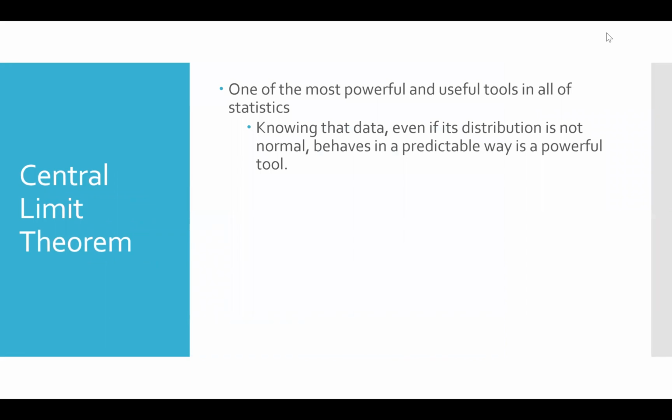One of the reasons is that even if your distribution is not normal, because remember last time we met, we talked about the normal distribution and how important it was in the world of statistics. It's one of the most useful or most commonly used distributions. So knowing that your data is going to behave in a predictable way can be a very powerful tool, and the central limit theorem helps us to actually see that.